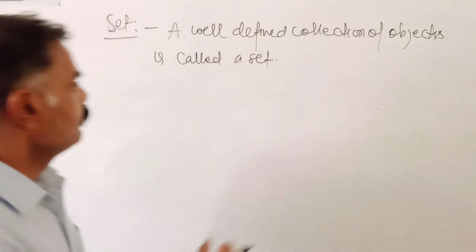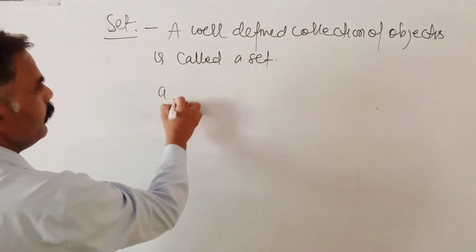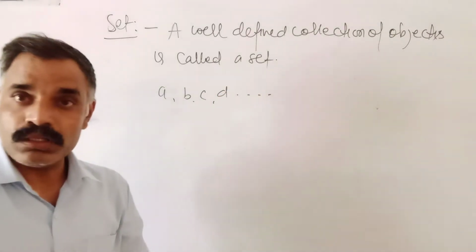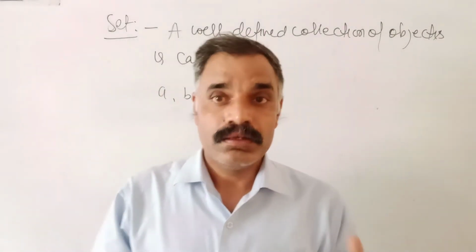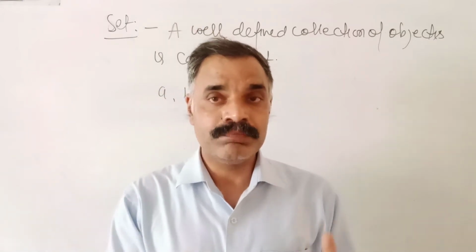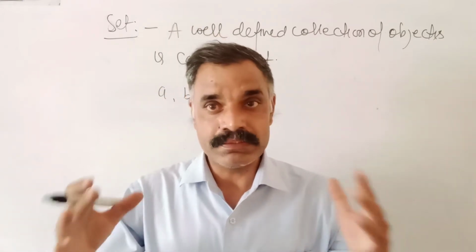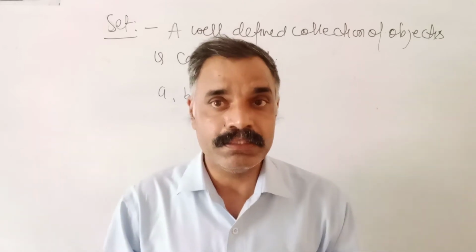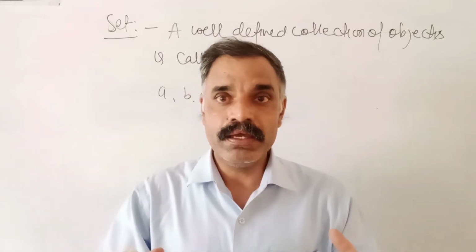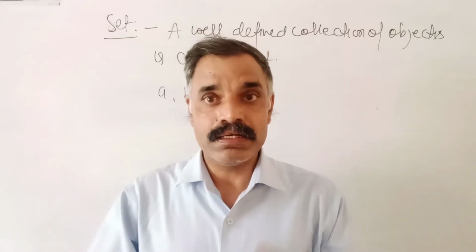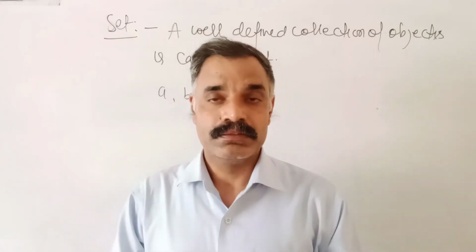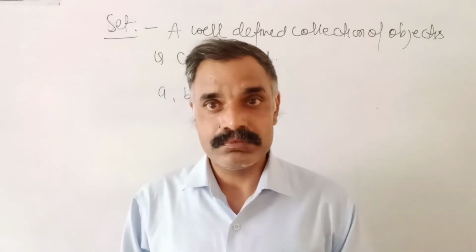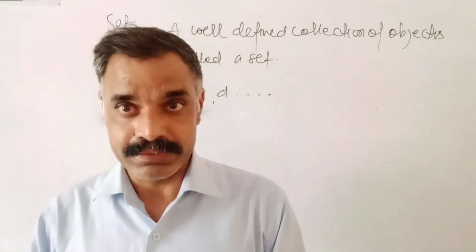Suppose that we have collected A, B, C, D. All these are letters of the English alphabet, having the same category, meaning they may all be named as letters of the English alphabet. That is why they are well defined, and well defined means they are in a set.